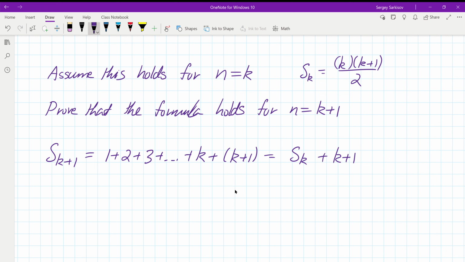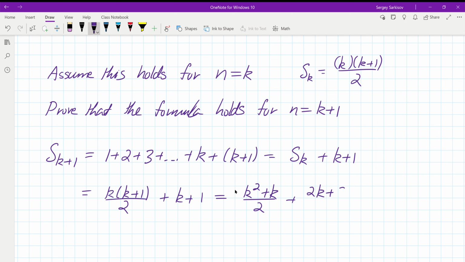Well, by the inductive assumption, this S_k is k times k plus 1 all over 2, and then of course plus a k plus 1. And that's equal to k squared plus k all over 2, and make a common denominator, so plus what?